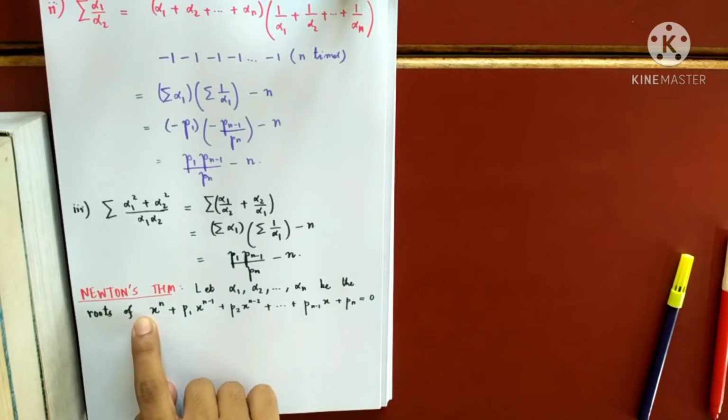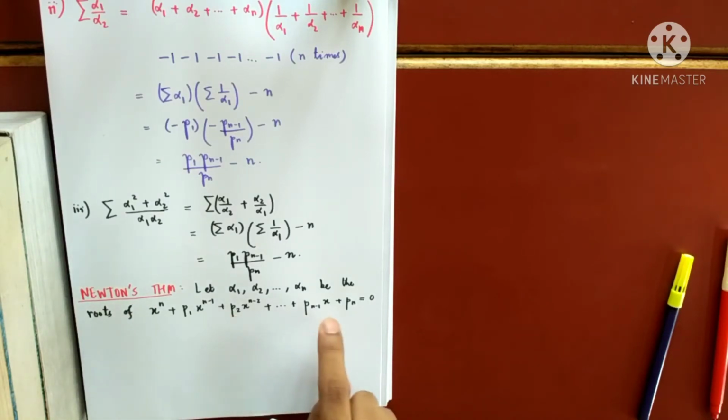The leading coefficient is 1, and then the coefficients are p1, p2, up to pn. Let alpha 1 to alpha n be the roots of this equation.